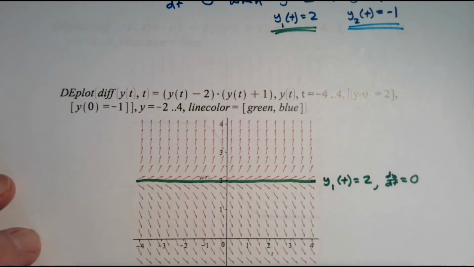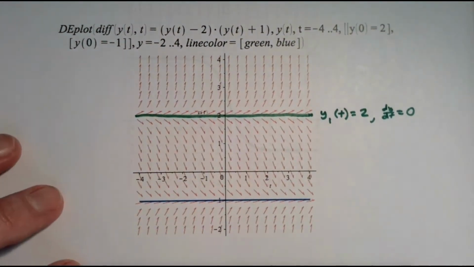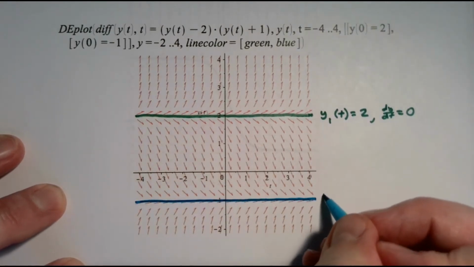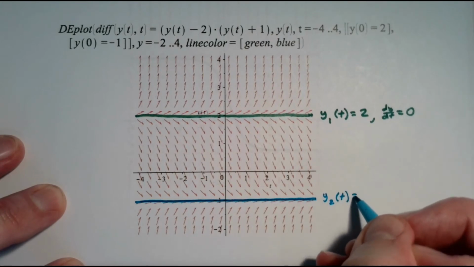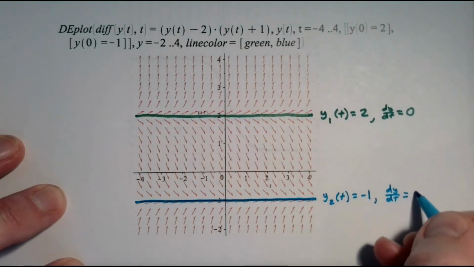You can see it's equal to 0 because it's a nice horizontal line on the slope field. And then, of course, the other one, right here. I have to scoot my graph up a little bit to be able to see it, but he's right here. That's my y2 of t equals -1, and that's also where my derivative is equal to 0.